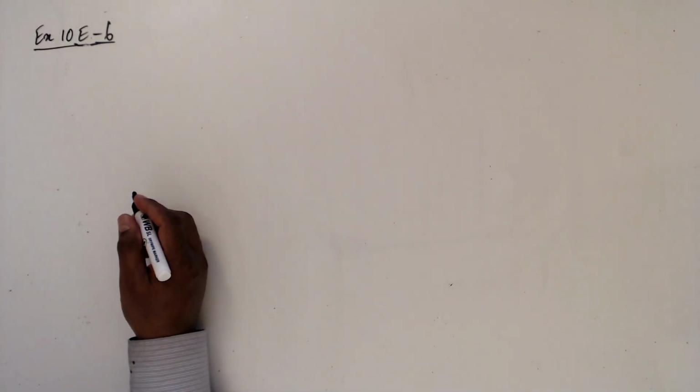Question number 6. Two particles A and B, of masses 10 and 5 kg respectively, are connected by a light string.